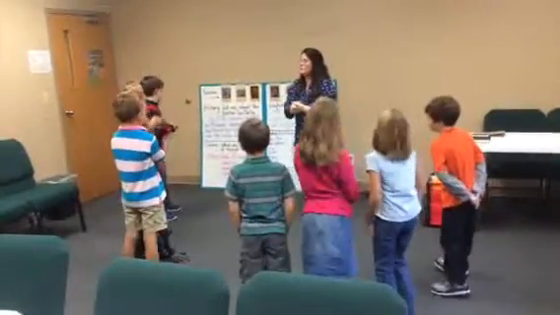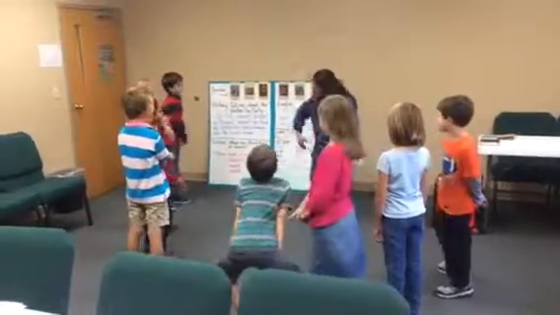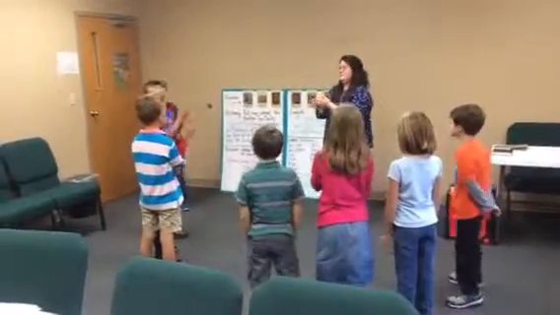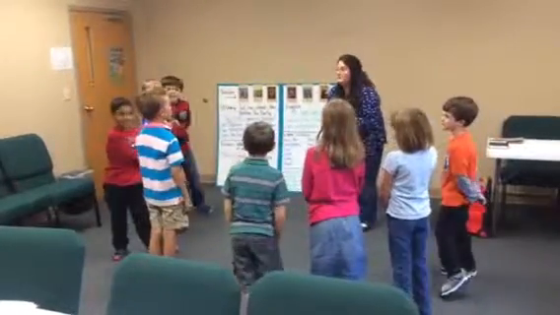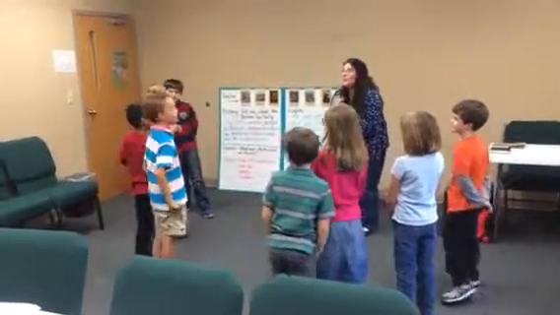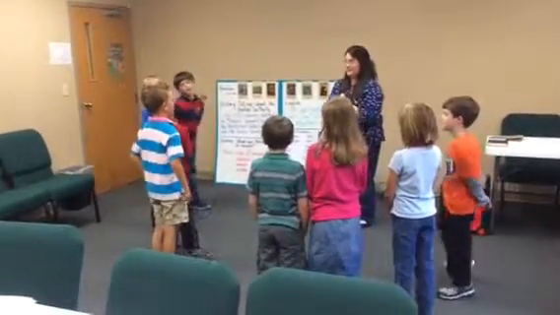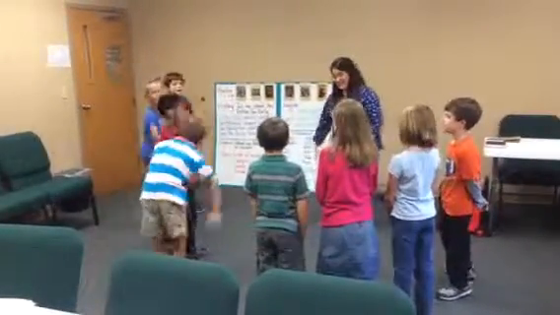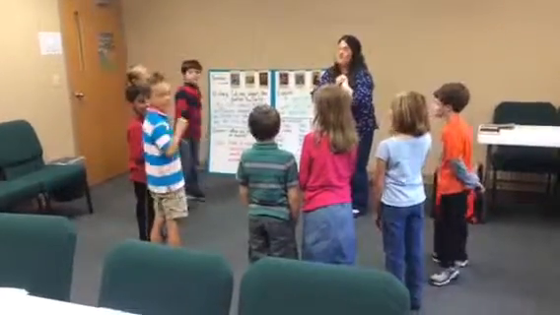Good job. John Isaac, what are 3 kinds of muscle? The 3 types of muscle are skeletal, smooth, and cardiac. Good. Okay, Asher, what are 3 kinds of muscle? The 3 kinds of muscle are called skeletal, smooth, and cardiac. Good job.